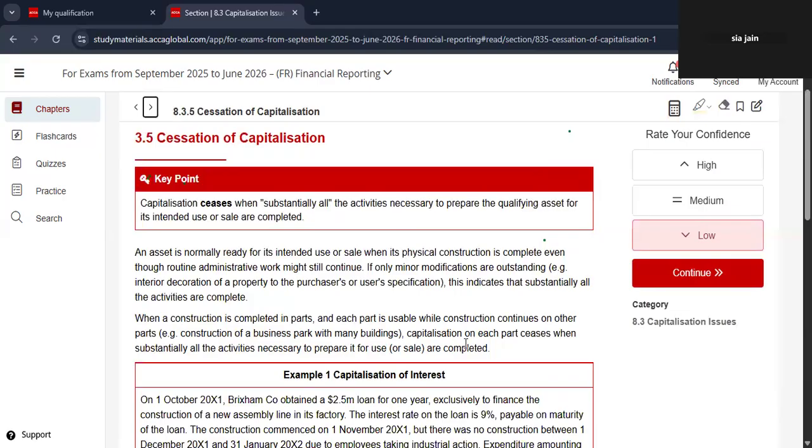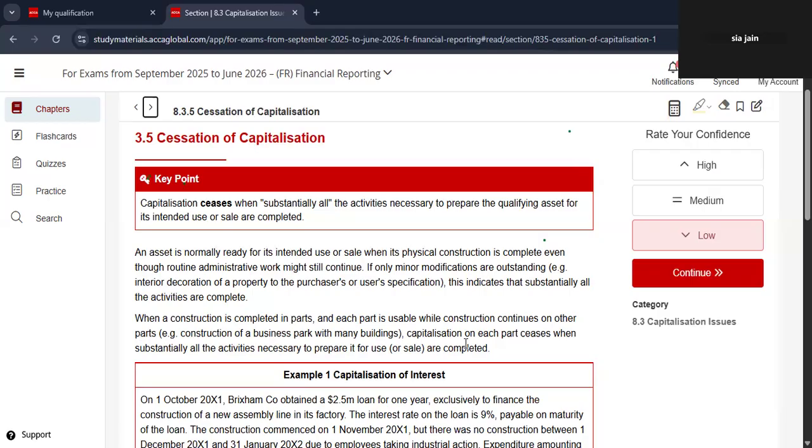So, when do we cease the capitalization? When do we stop capitalizing the interest amount? It doesn't matter if your building is done in May, but you do not pay the loan until September. You cannot capitalize the amount for June, July, August. You need to expense it off to your profit and loss statement once your asset is complete. We do not include minor modifications which we need to make. We do not include that period.